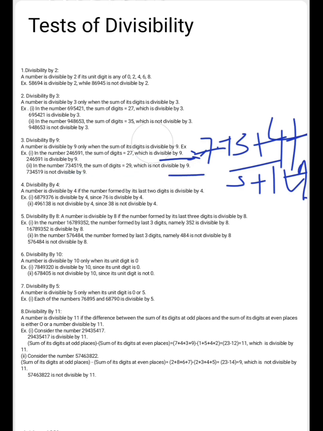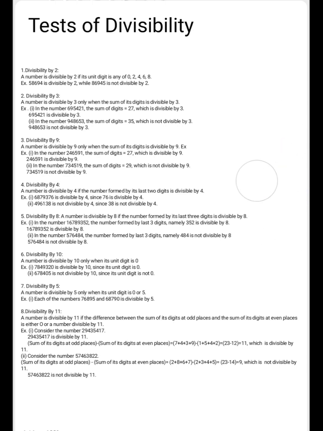We will go to the next one, divisibility by 4. To check whether the given number is divisible by 4, we need to verify that the last 2 digits of the given number are divisible by 4. If we take an example of 687376, the end digits are 76, which is divisible by 4, since 4 into 19 gives 76.